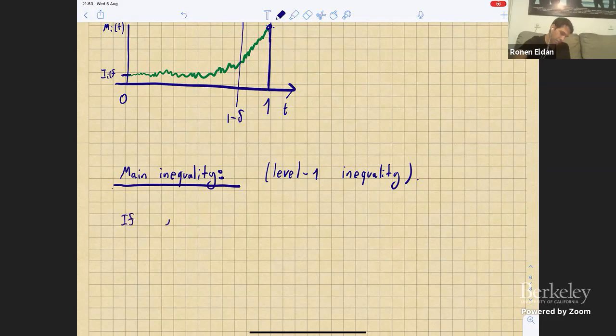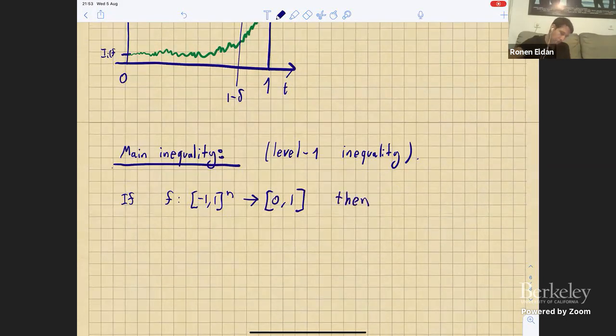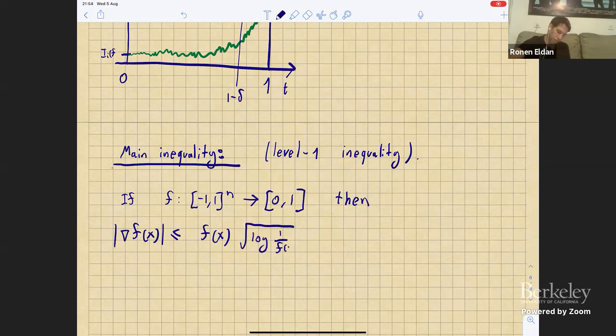If f is positive and bounded, then the gradient of f at a point x in absolute value is at most f of x times root log 1 over f of x, up to some constant.